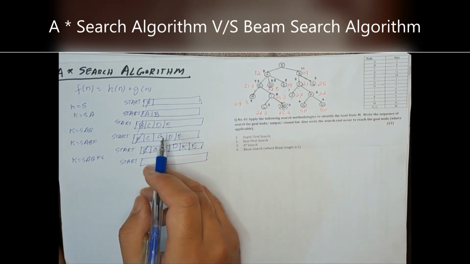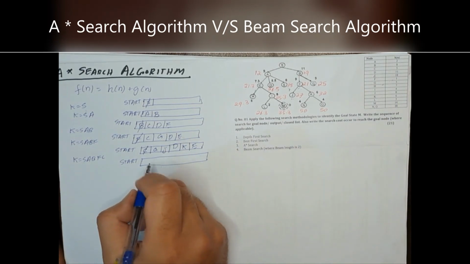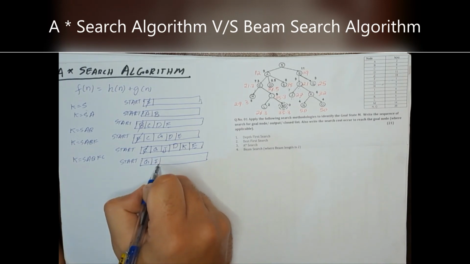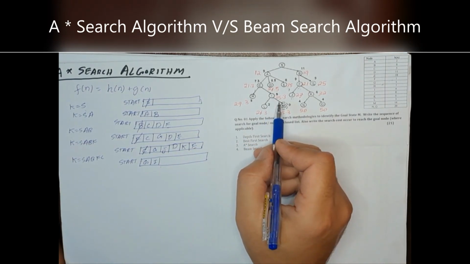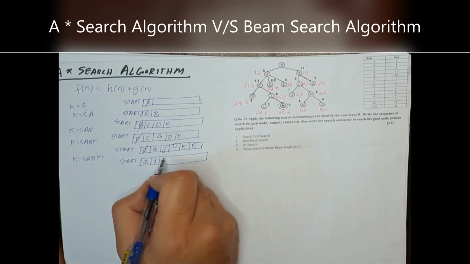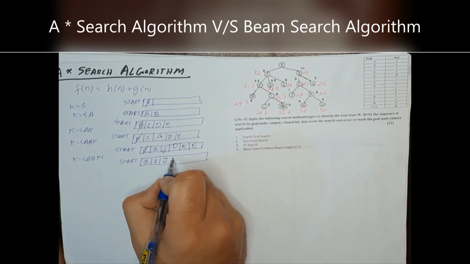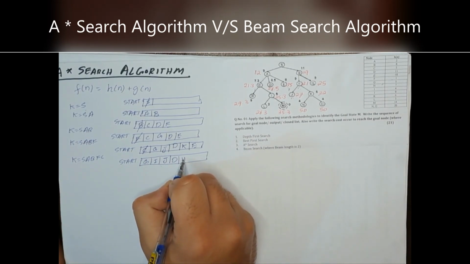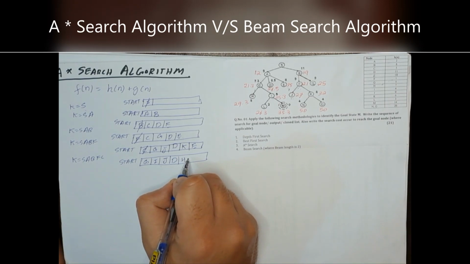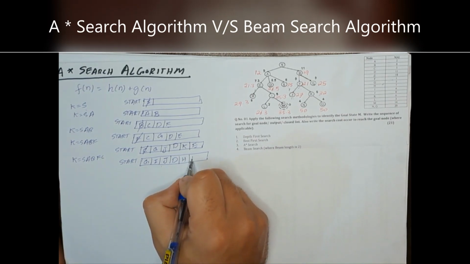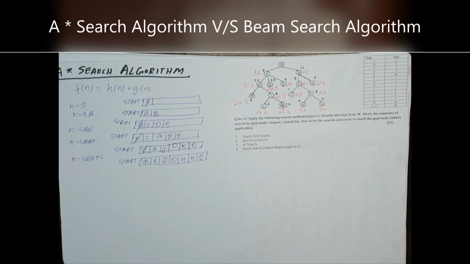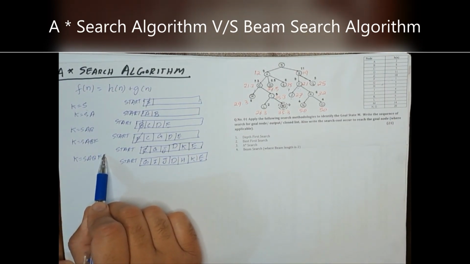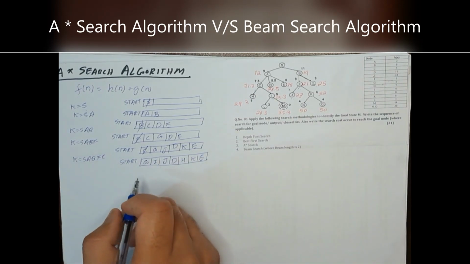So the new sequence after removing C will be G, then we have I, the new child node with the lesser value, then we have J, then D, then the other child H with 29.3, then K, and then we have E. So now again we will see, do we have our goal? No, not yet. Again we'll follow the same procedure.